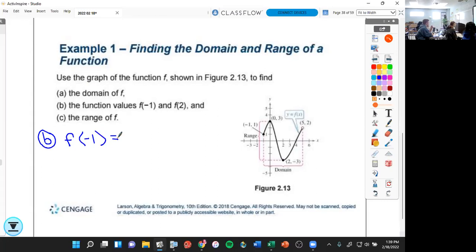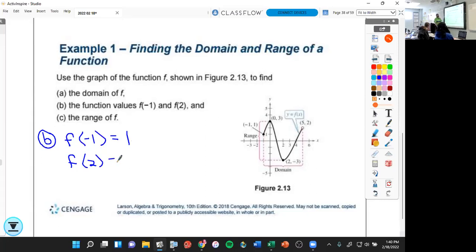What is y when x is -1? And it is 1. What is the value of f of 2? When x is 2, y is?